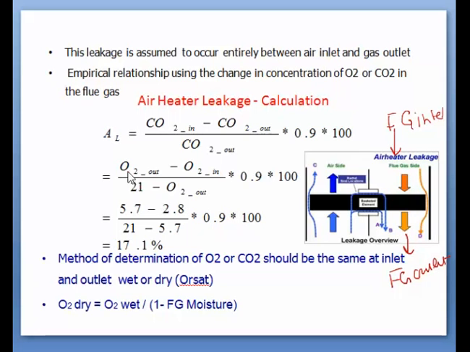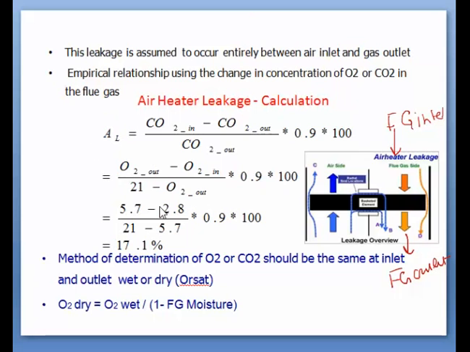So in terms of the percentage of oxygen, we will measure the oxygen percentage in flue gas at outlet minus oxygen percentage in flue gas at inlet, divided by 21 minus oxygen percentage at outlet, multiplied by 0.9 into 100. That will give the air heater leakage.